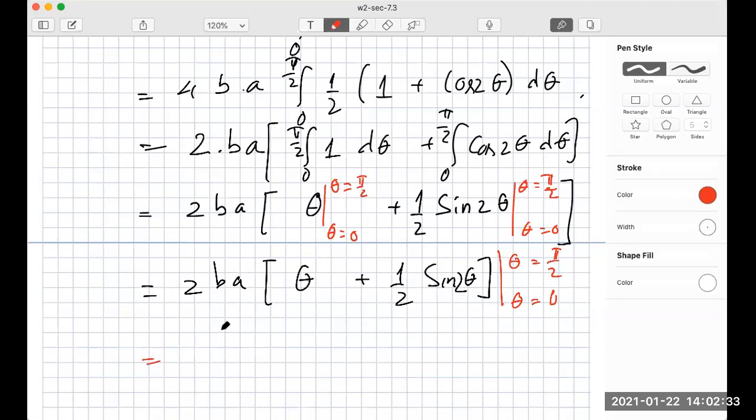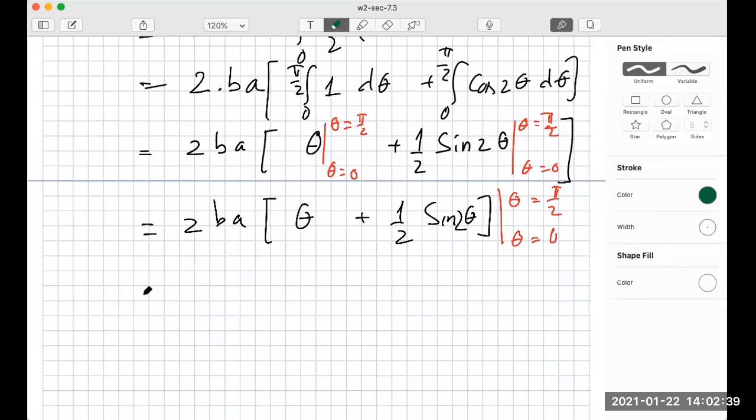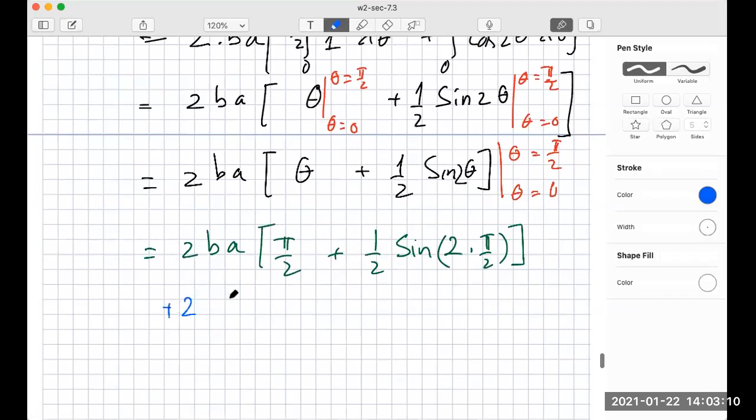Okay, so we replace the value by the upper limit. And what do we have? Pi over 2 and, be careful, this is 2 times theta. Okay, very good. But let us write it slowly. Subtract here, right?